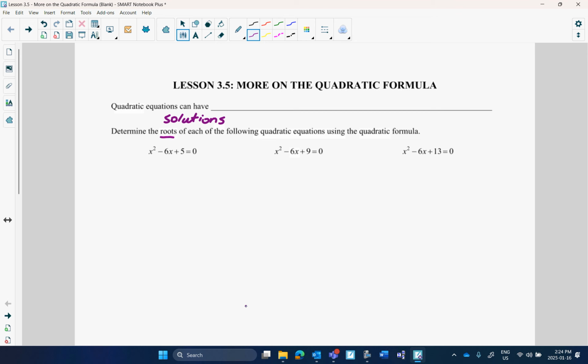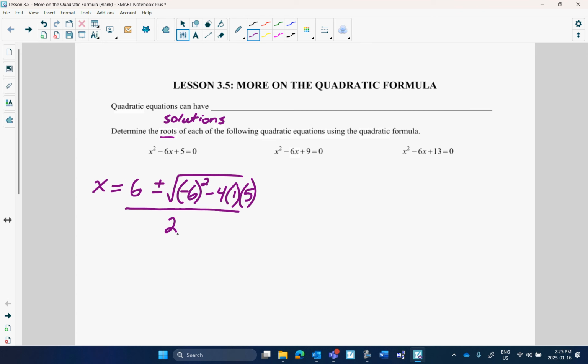So with this one, if we use the quadratic formula, x equals negative b, so negative 6 becomes positive 6, plus or minus negative 6 in parentheses. Remember, if there's a negative, put parentheses. Minus 4 times a, which in this case is 1, times c, all divided by 2 times 1.